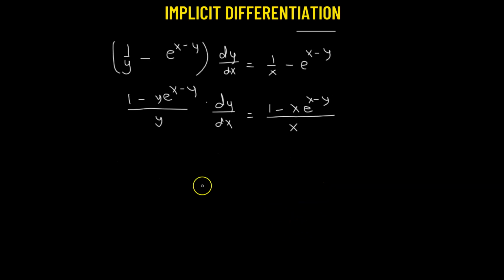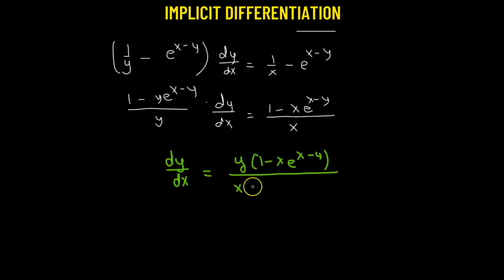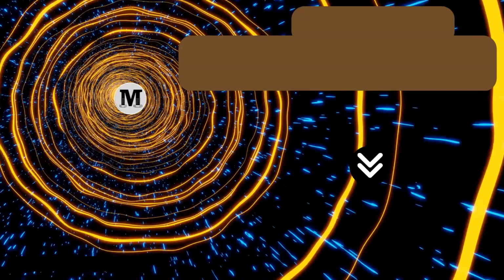Now finally, we obtain the value of the derivative of y with respect to x. This will be equal to y times 1 minus x times e raised to the power of x minus y divided by x multiplied by 1 minus y times e raised to the power of x minus y. So this is the required derivative of y with respect to x.